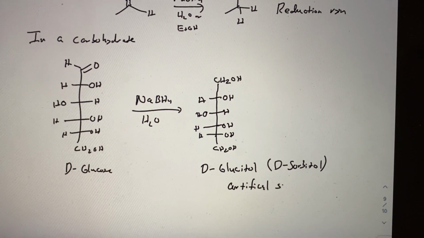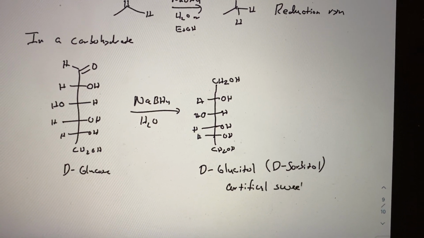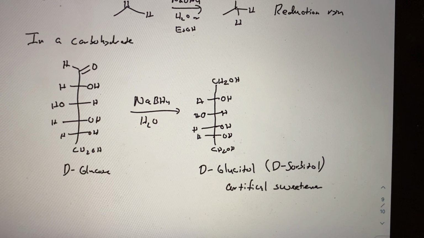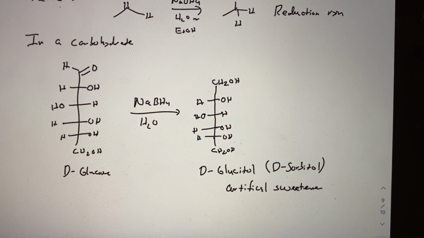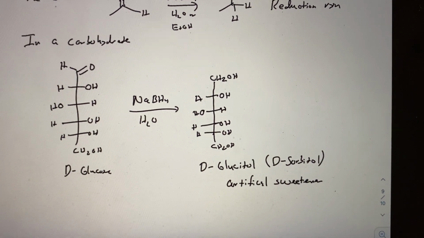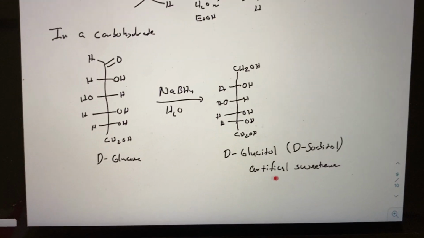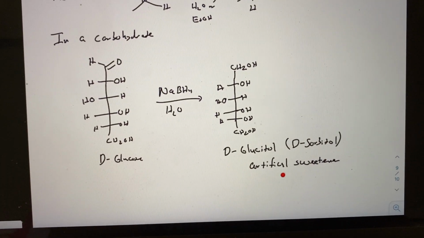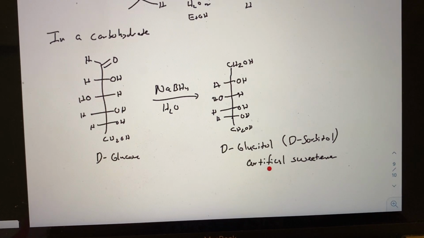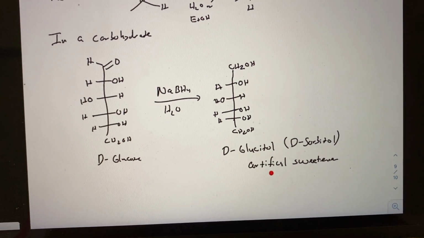And this is one of those artificial sweeteners. And actually, I didn't do my homework to see if this is one of them, but you're probably aware, like with some of these artificial sweeteners, you can get away with a lot less than you can regular sugar, just because our taste buds are so sensitive to them.